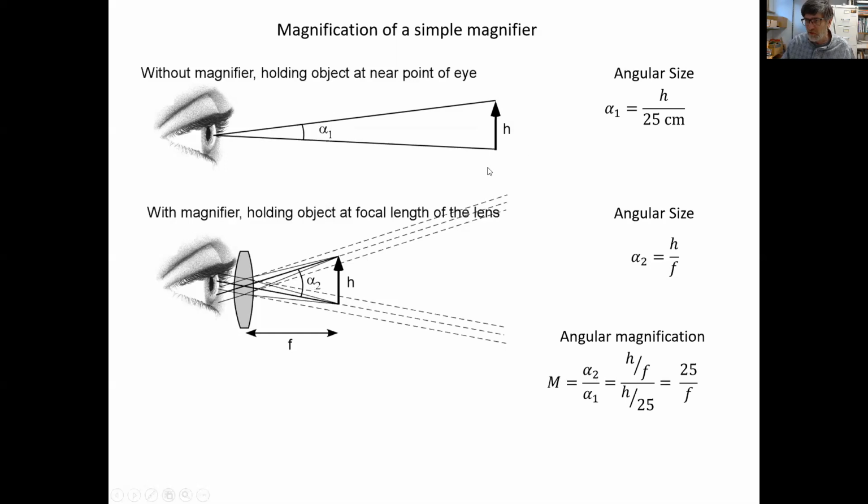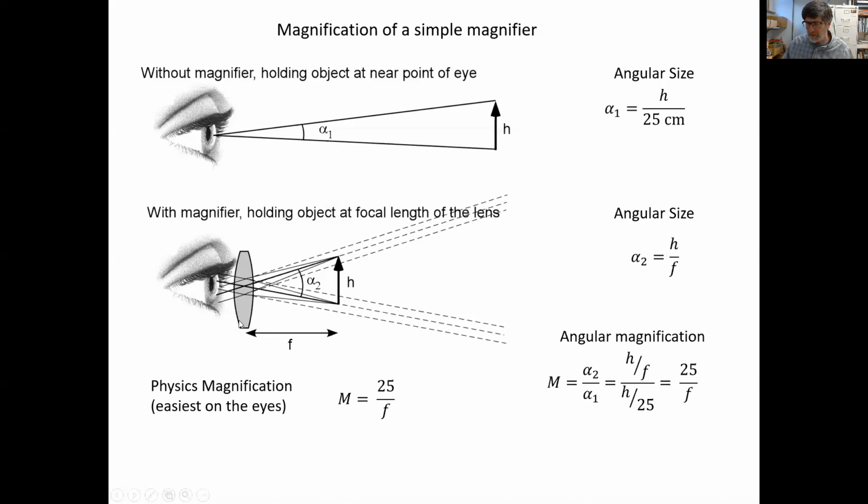Here the h is the same in both cases. So if you take this ratio, you find it's just 25 divided by f. So whatever the focal length f is, you can use that in this formula. And that's our physics definition of the magnification of this lens.